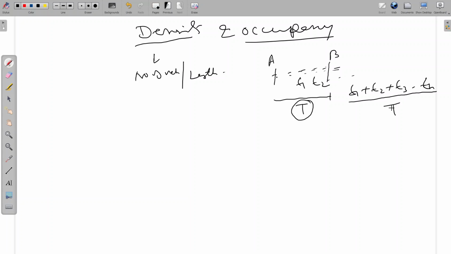Let's say my time period was 1 hour, and within that hour, how much time the vehicles have spent within the detection. That will give you the occupancy.